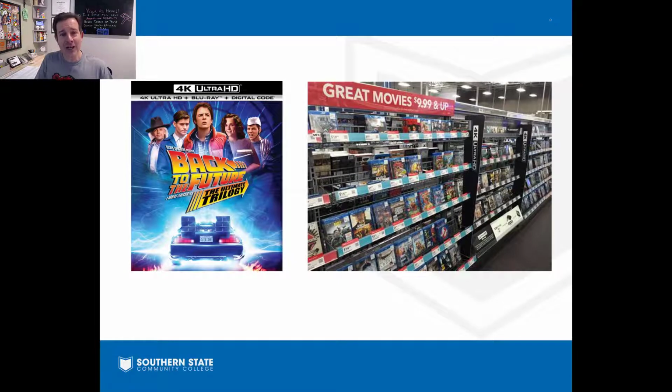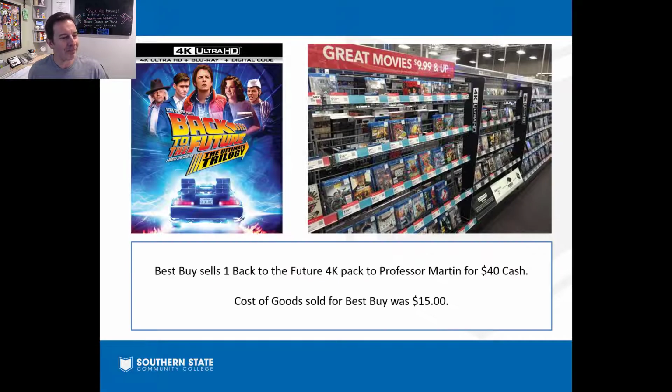And so we're going to use that as our example today. The old Back to the Future 4K trilogy here on home video. Kind of use that to describe inventory at Best Buy. So just assume for the sake of argument that Best Buy sold me my one Back to the Future 4K pack here for $40.